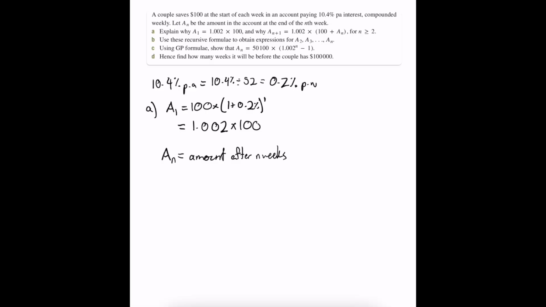And essentially what happens after the nth week is that when we want to consider the n plus 1th week, so the week after AN, we take the amount that we already have, we deposit $100 into it, and this accumulates 1 plus 0.2% per week interest for 1 week. And so that just means it's 1.002 times 100 plus AN. And that's how this formula actually works, and this is how we would explain part A.